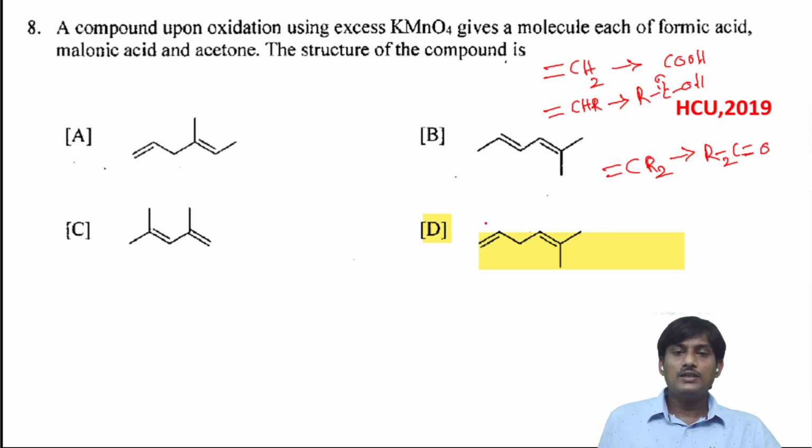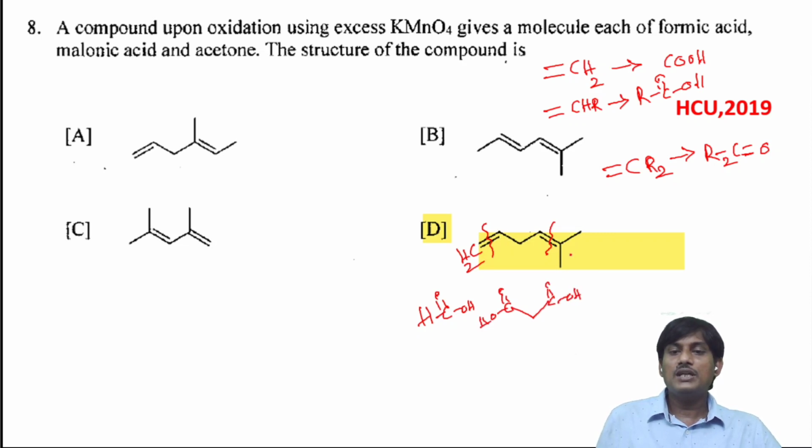Suppose you take this one. Here there is a pi double bond, and there is a formation of this one, CH2, so there is a formation of formic acid, HCOOH. Here also there is a cleavage, so this will be converted into COOH, and here also there is a formation of COOH.